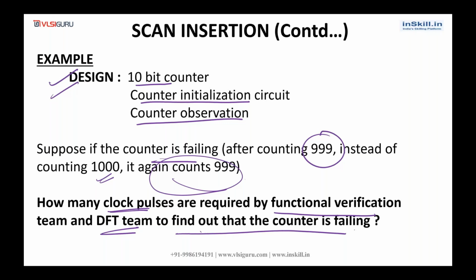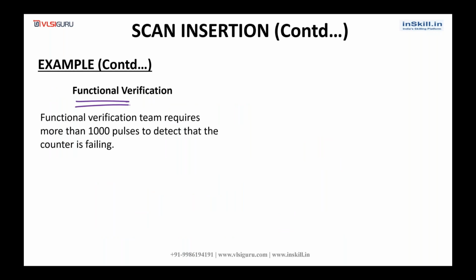So let's try to understand. The functional verification team, as I had explained earlier, actually checks the functionality. Checking the functionality means, in this case, they will check whether the counter properly counts from 0 to 1023.